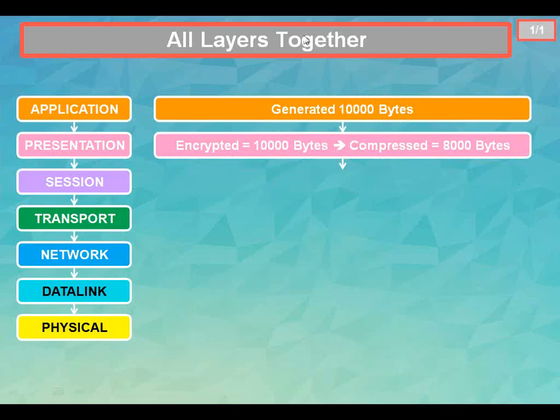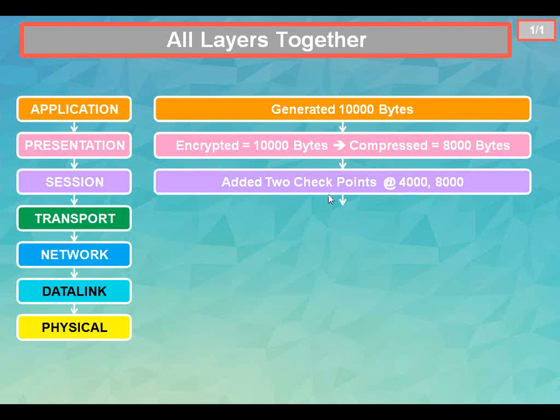Yes. Then what is the session layer going to do? It may be adding 2 checkpoints at 4,000 and 8,000. After sending 3,000 bytes, if any error occurs, we have to go back to the start and begin again. After sending 5,000 bytes, if any error occurs, we only need to go back to what point?